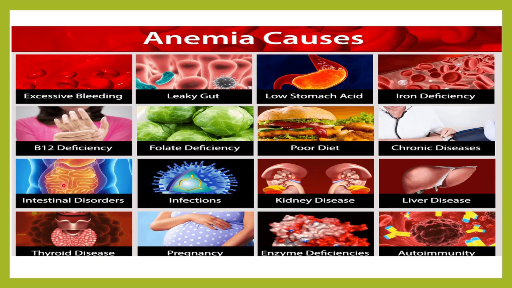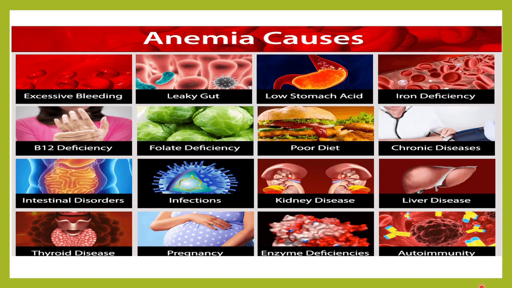Intestinal disorders, I have told you, sprue or celiac disease or ulcerative colitis. Certain infections, parasitic infections, etc., they can cause anemia. Your malarial infection, they can cause hemolytic anemia. Like your kidney disease, like chronic kidney disease, etc., wherein the production of erythropoietin is hampered, and again there can be anemia. Your liver disease can also cause anemia.